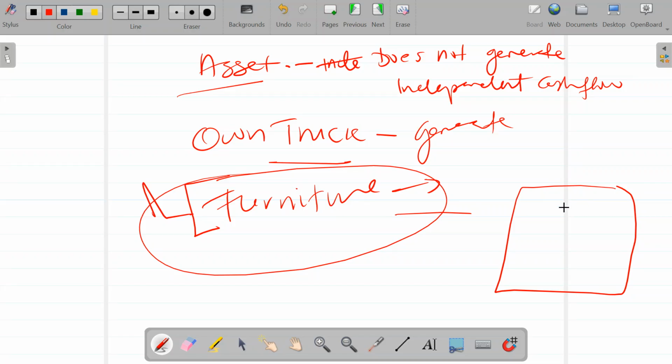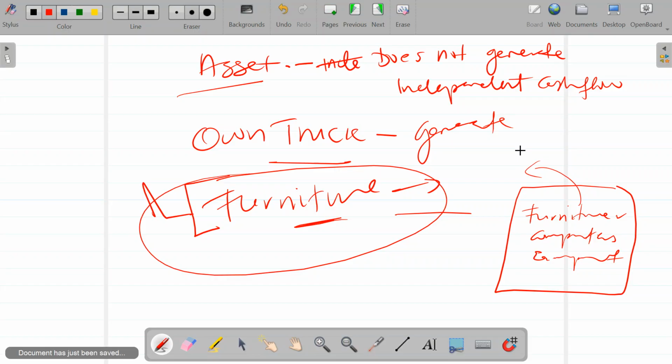So maybe this asset belongs to a group of assets with these items, maybe furniture, computers, equipment. All these assets work together to generate some benefits. These assets are able to work together to generate cash flows.